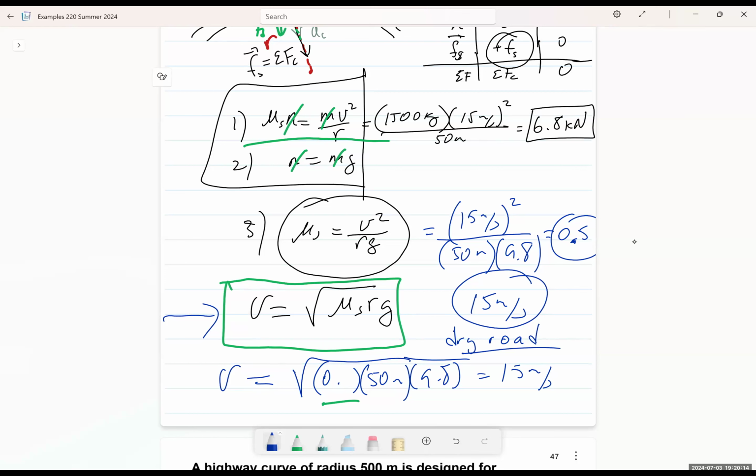If I look at 0.2 and calculate the square root of 0.2 times 50 times 9.8, I get a maximum speed of roughly 10 meters per second, which means if you are going with the same previous speed of 15 meters per second on a wet road, you will not be able to make the turn and will slide off the road. So weather conditions can affect the effectiveness of the friction to keep you on the road.